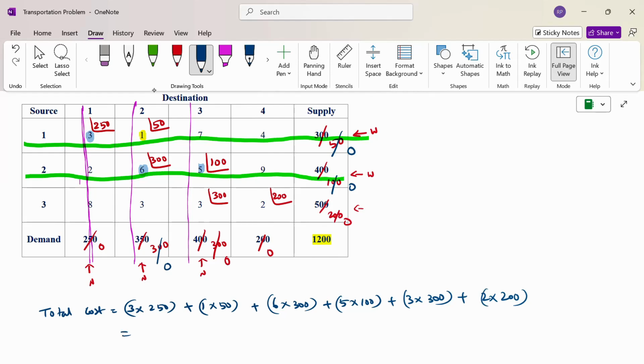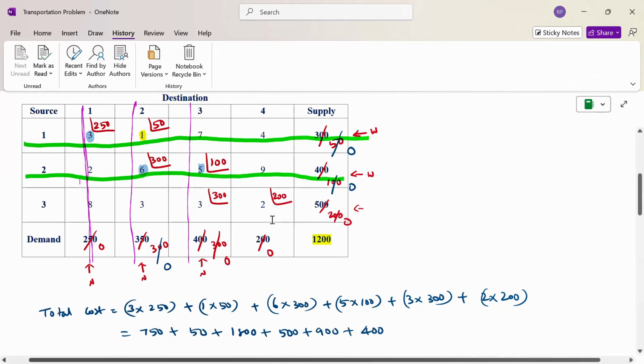Now this is 750 plus 50 plus 1800 plus 500 plus 900 plus 400.